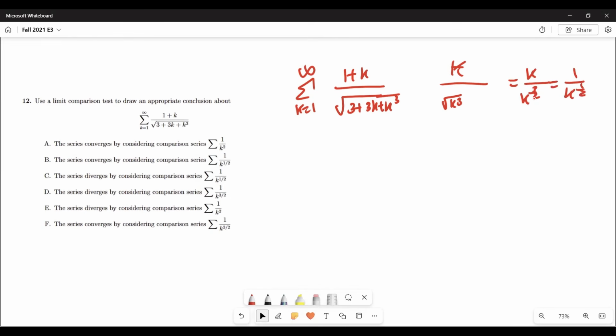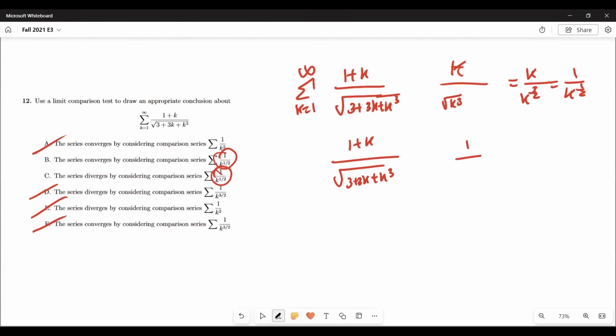So we're going to be comparing with this, so A, D, F will not be your right answers. It's going to be either B or C, and let's see. 1 plus k over square root of 3 plus 3k plus k cubed, compared with 1 over k to the 1 half.